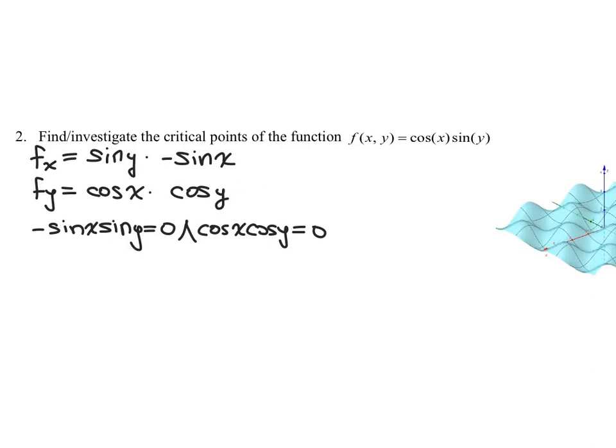So I'd write it as the sine of x equals 0, or the sine of y equals 0, because if either of those are 0, then that first equation zeroes out. Cosine of x equals 0, or cosine of y equals 0.